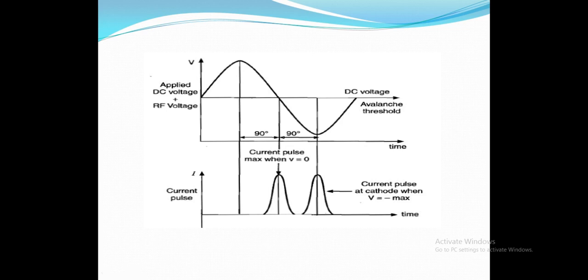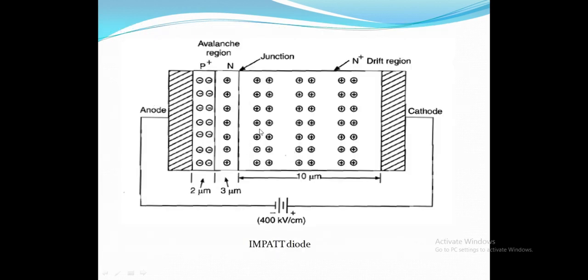These are set so that breakdown occurs in the region very close to the P plus, that is the heavily doped P region. A very high field, that is 400 kilovolts per centimeter, is applied to the IMPATT diode, resulting in a very high current.